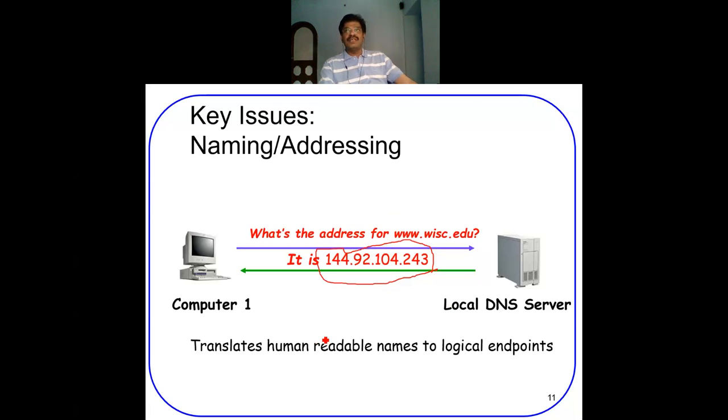The path to the specified address needs to be properly defined, and then only the packet from computer 1 will be exchanged with the data that is being sent and received by the specified destination, say www.wisc.edu. It's a domain name that is translated into a specific address. The local DNS server translates this domain name.